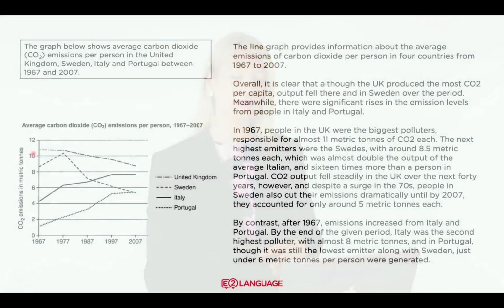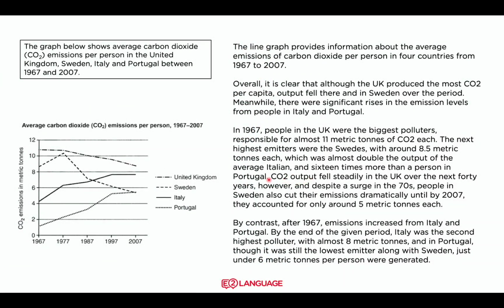So in this case, I've gone on to describe what happened in the UK. CO2 output fell steadily over the next 40 years. So that's this. And despite a surge in the 70s, people in Sweden also cut their emissions dramatically until by 2007, they accounted for only around 5 metric tons each. So I've mentioned this rise here and the dramatic fall.